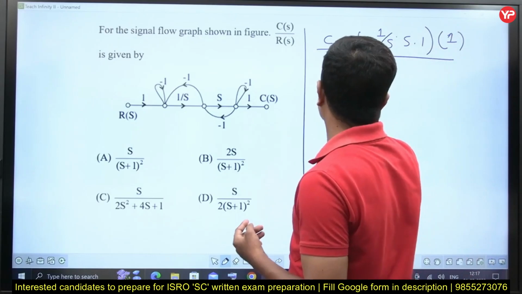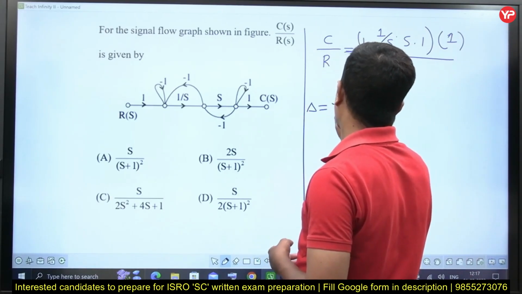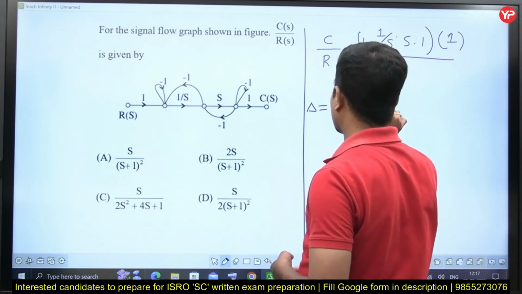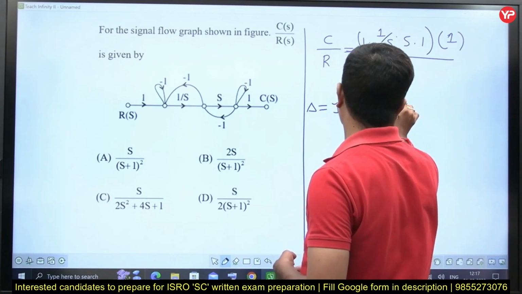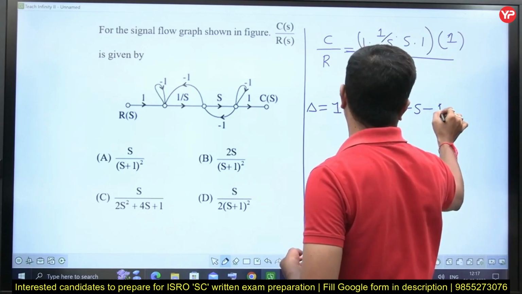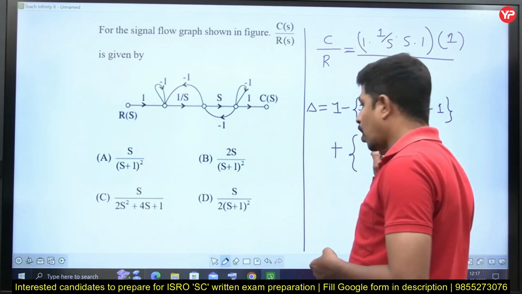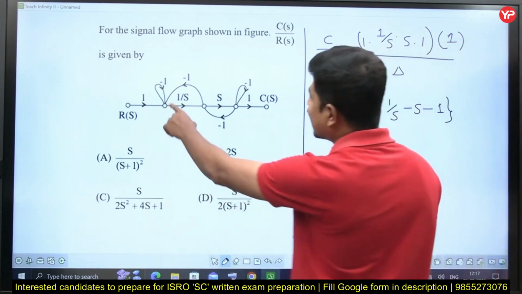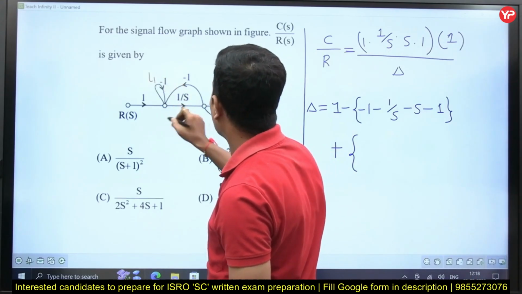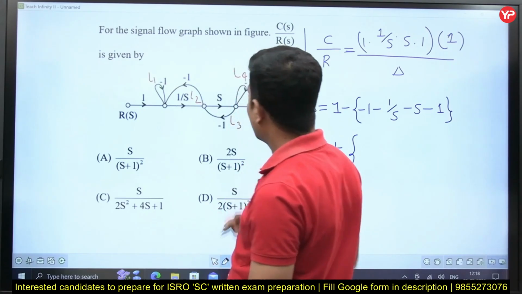Let's write delta separately. Delta is equal to 1 minus the sum of all individual loop gains. First loop is minus 1, second loop is minus 1 by S, third loop is minus S, fourth loop is minus 1, plus the product of two non-touching loop pairs. I write L1, L2, L3, L4.